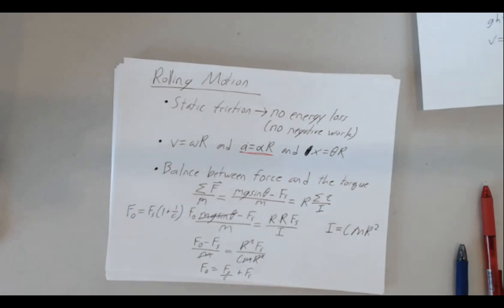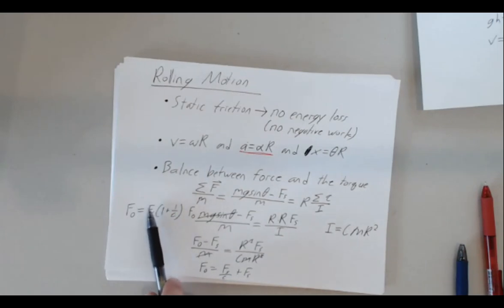The point of touching moved. But here's the handy thing. What this means is we can tell what the static friction force is just by looking at what happened over here, because what happened over here doesn't have anything to do with anything other than the shape of the object. That C comes from the shape of the object.